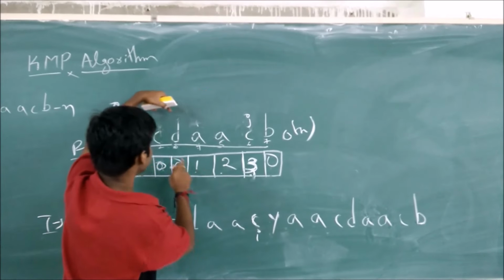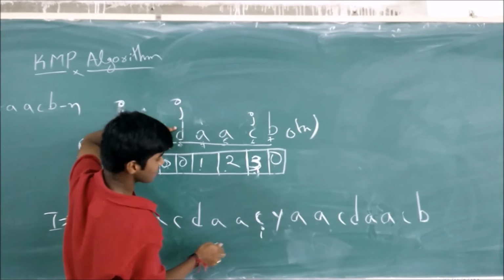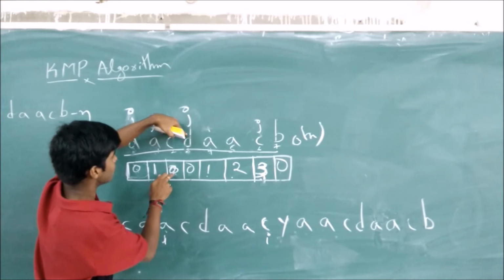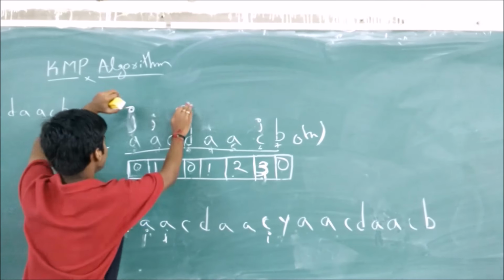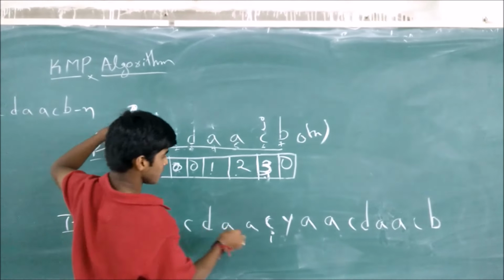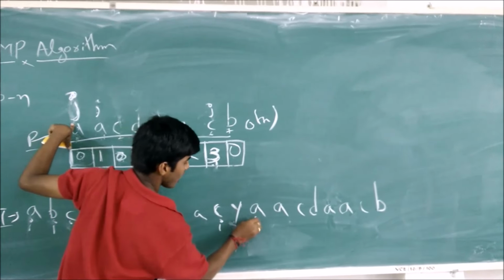So we shift j to the third value. Now j comes here. We try to match D with Y. It doesn't match. Again we'll shift it to the previous element value. Now we'll shift j to the first character value. Now we try to match A with Y. It doesn't match. So we'll shift our i.